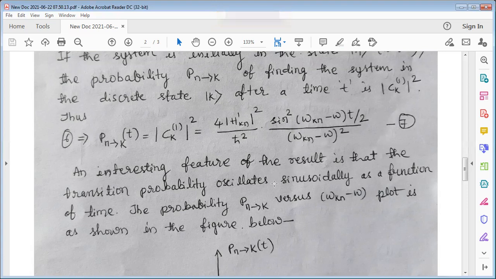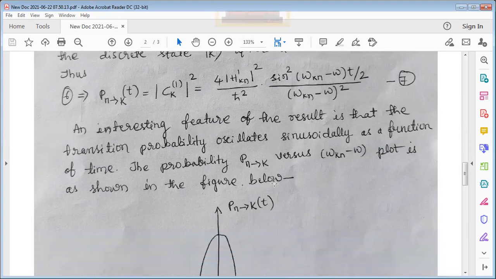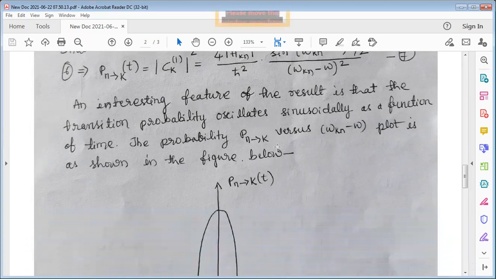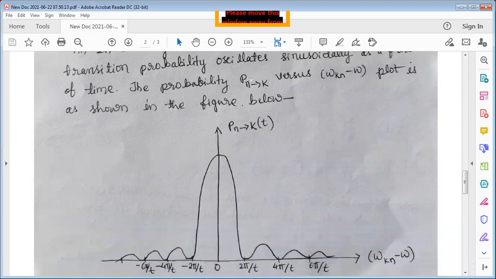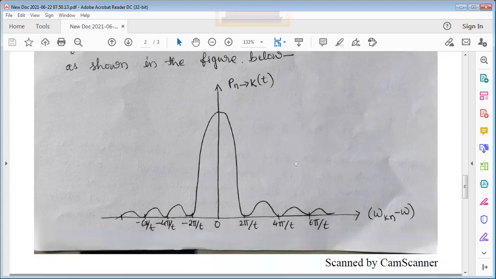An interesting feature of the result is that the transition probability oscillates sinusoidally as a function of time. The plot of the probability P from n to k versus ω_kn − ω is as shown in the figure.